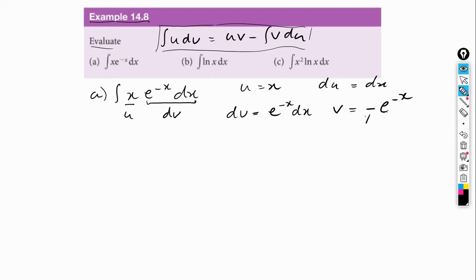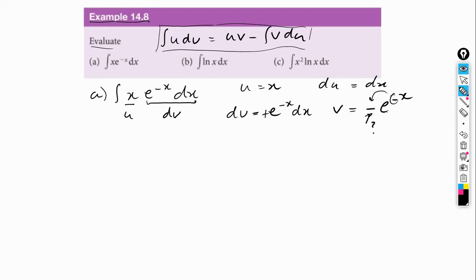But why minus? Well, if you look at the derivative of v, we would need that negative: the derivative of negative x is minus 1, and it's going to make it positive, as you can see here to the left.